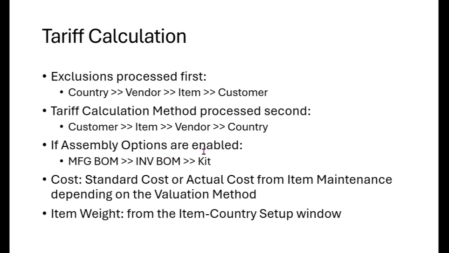And if it can't find something there, it looks at the kit. If it passes through all of those and doesn't find anything, it assumes that it is a purchase part, and it just performs the calculation on the current or standard cost if you're using a percent of value method, or it uses the line item extended price.